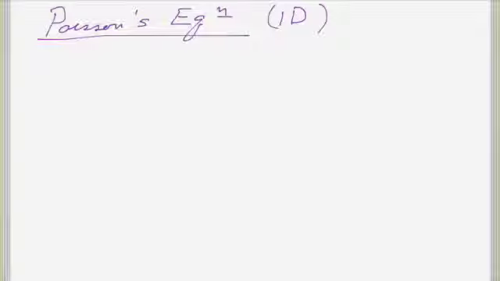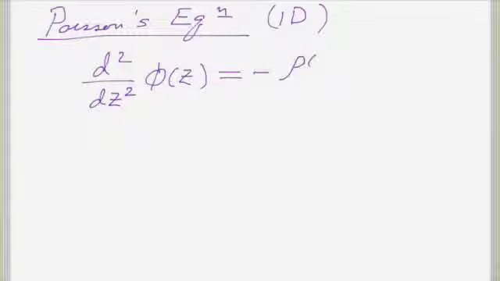Normally you would see something that looks like d squared phi dz squared is equal to negative your charge, something like this. That would be the way you usually see Poisson's equation.